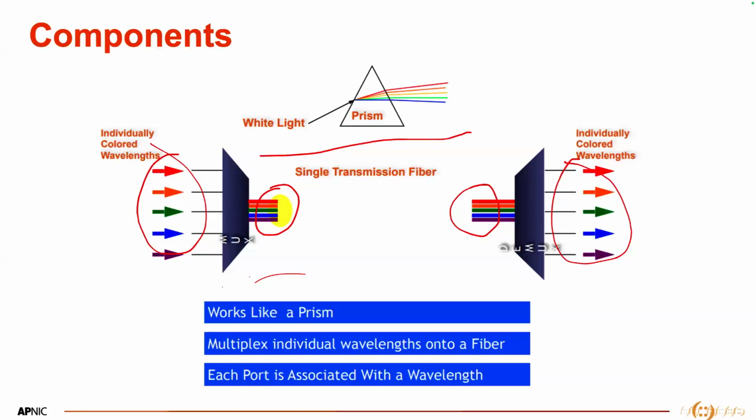So this is the very basic principle of doing multiplexing and demultiplexing. So in multiplexing and demultiplexing, similar kind of small prisms are installed, and they actually do the operation like this in this very basic concept.